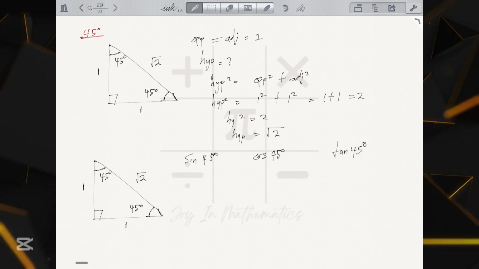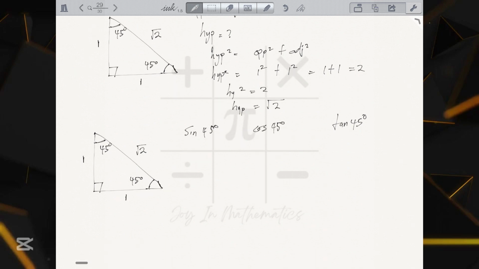Remember, we are using the principle of SOHCAHTOA, where sine is equal to opposite over hypotenuse, cos is equal to adjacent over hypotenuse, and tan is equal to opposite over adjacent.